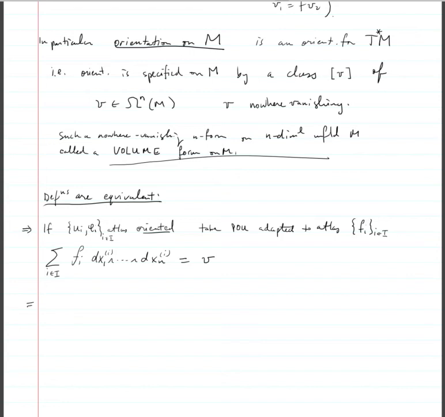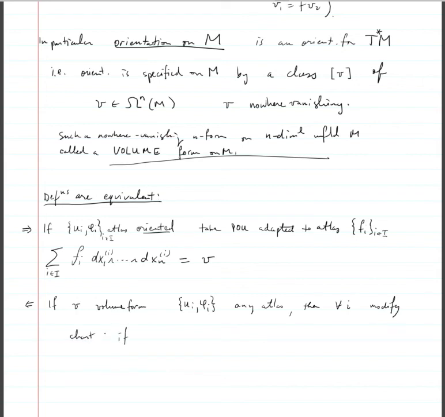On the other hand, if V is a nowhere vanishing volume form, and you give me some atlas which may not have the oriented property, then for each i we could modify the chart.